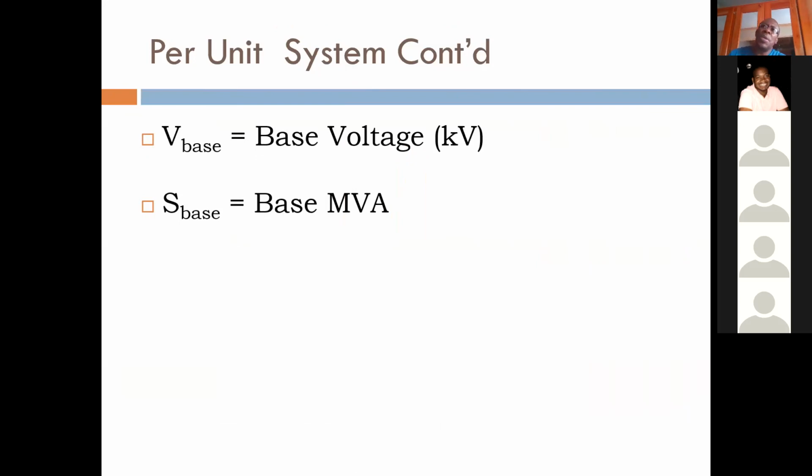This is primarily based on the fact that we're using a power system, so we are talking about kilovolts and megavolt amperes. You will find situations where the system that you're analyzing will be based on volts and kVA. That's possible, but generally speaking, it's in kV and MVA.